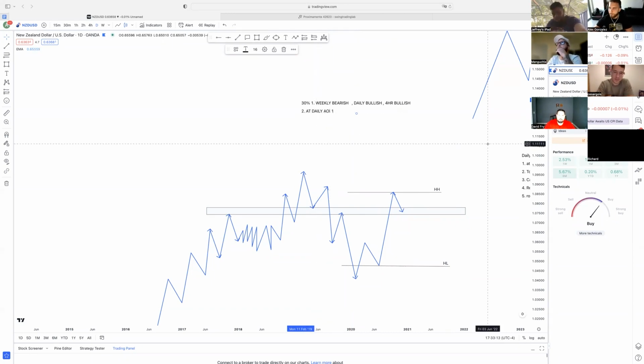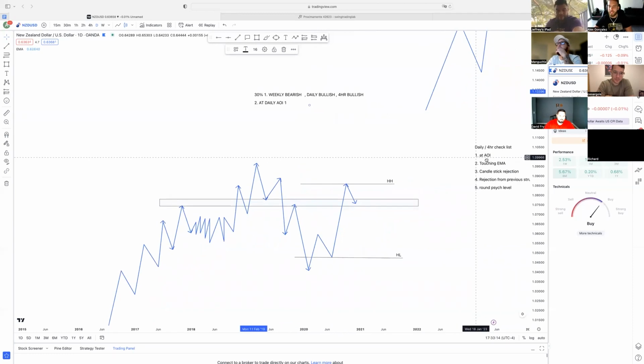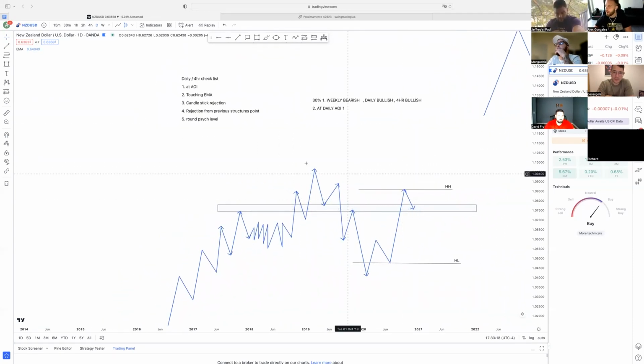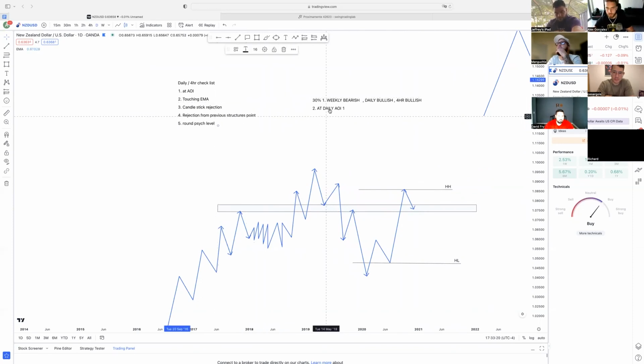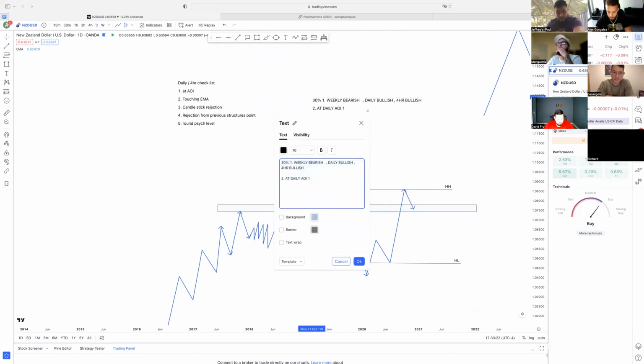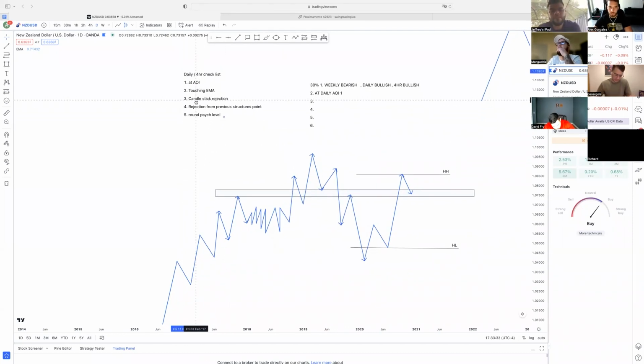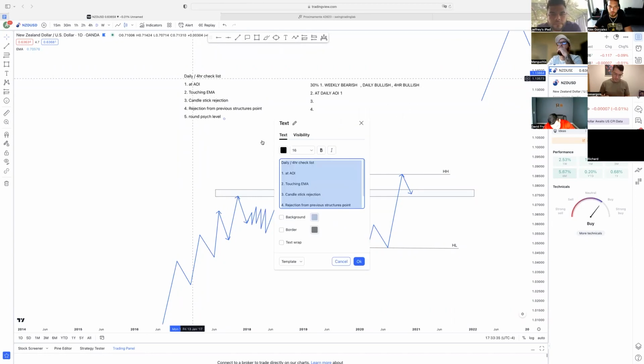All right, perfect. So now that we understand that we are at our area of interest, now comes my next series of confluences, which is going to be 3, 4, 5, and then 6. These are all very self-explanatory. These confluences I'm doing from the weekly, daily, and then 4-hour.